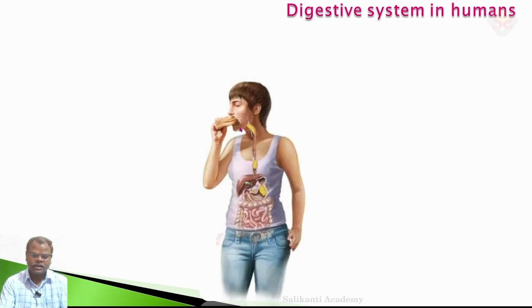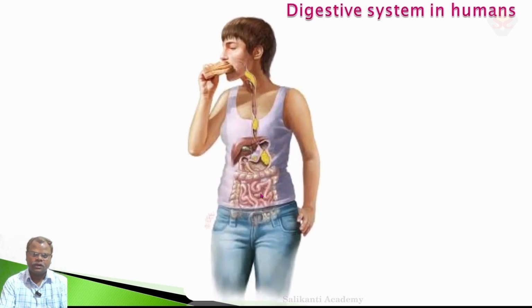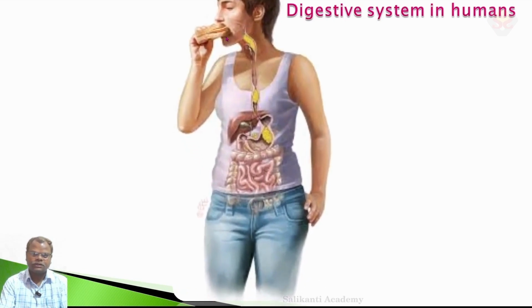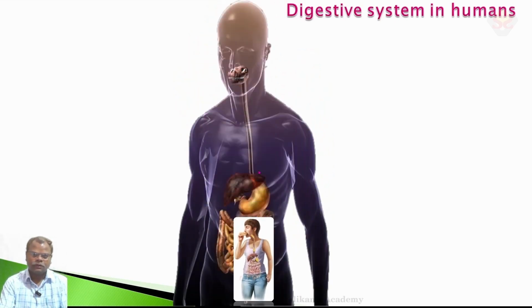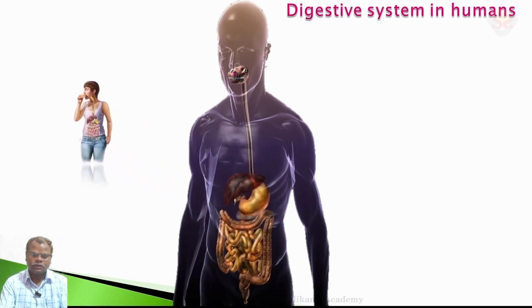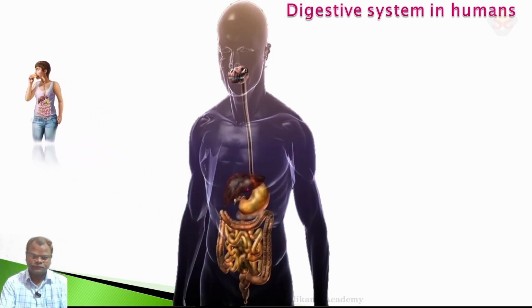This inside, from mouth to anus, this is the digestive system in the human body. You clearly observe how it is present. Now you are clear about the digestive system.